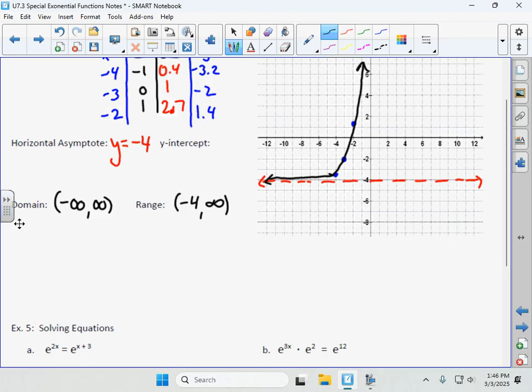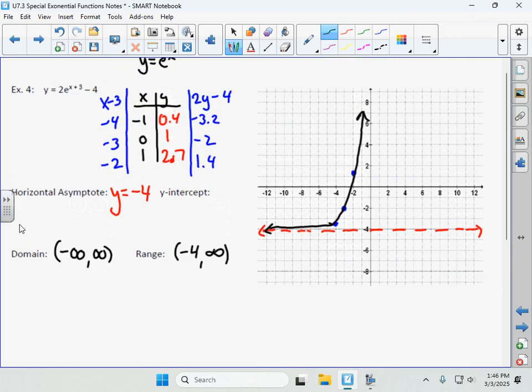Oh, we need the y-intercept. Sorry about that. So here we'll just plug 0 in for x in the original problem. So 2 times e to the 0 plus 3, minus 4. So that's 2 times e to the third power, minus 4. And we'll go ahead and put that in our calculator.